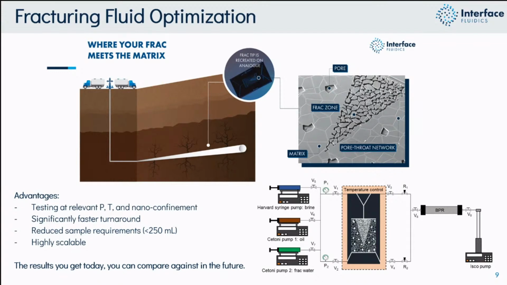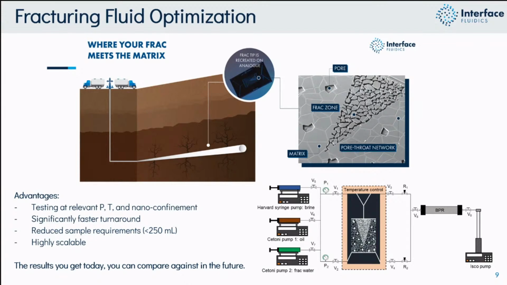We can also measure the regain saturation, and at the end of the experiment, we can do some sort of pore scale imaging and quantify the change of the contact angle, or how the wettability of the rock has been changed as a function of different additives.